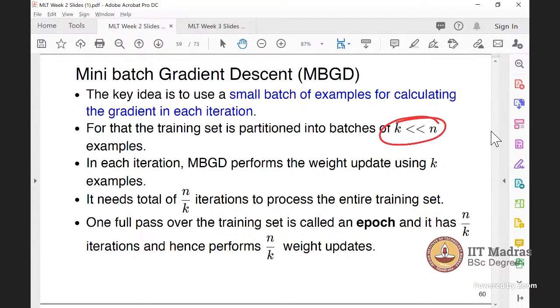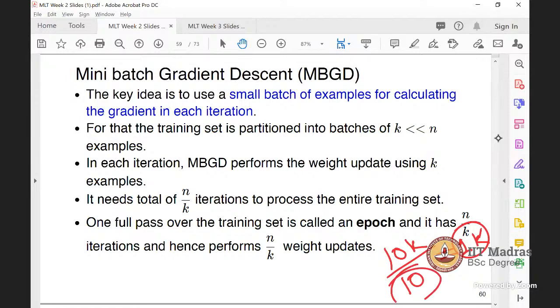Let's say, as Abhinandan mentioned in an example, you have 10K samples, and we can divide this into, let's say, 10 batches, and every batch gets 1000 samples, and we can use these 1000 samples to update our weight vectors. So for every epoch, every one iteration, we are going to update our weight vectors 10 times.